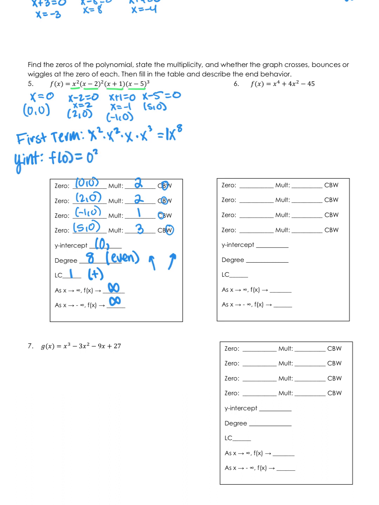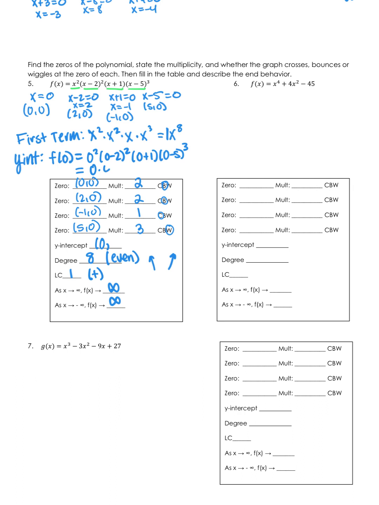So we'll do 0 squared times 0 minus 2 squared times 0 plus 1 times 0 minus 5 cubed. So 0 squared will be 0. 0 minus 2 will be negative 2.